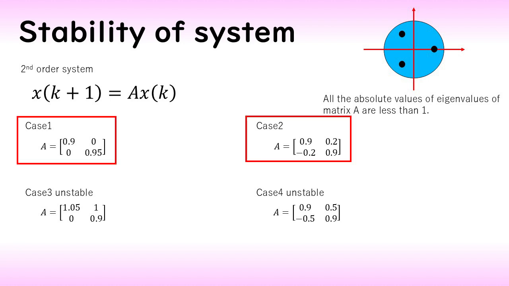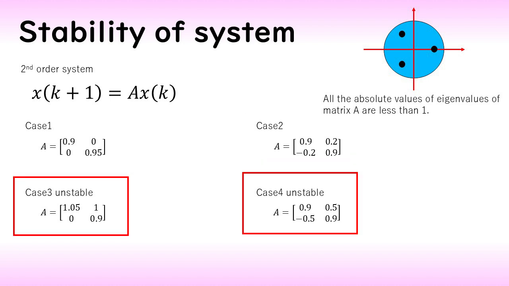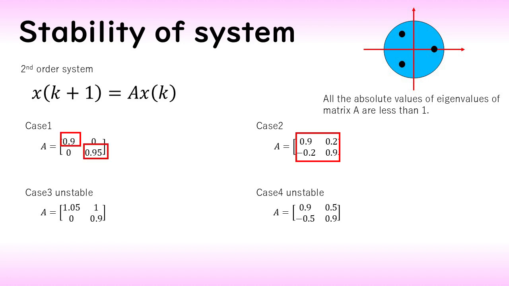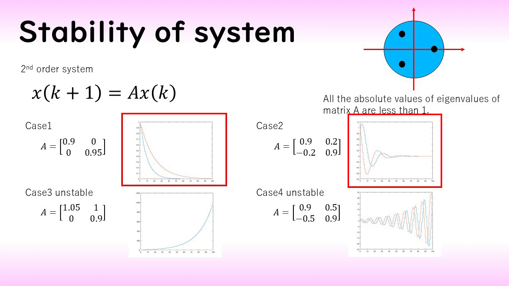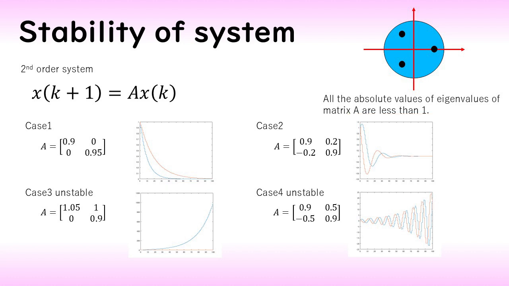Case 1 and case 2 are stable and case 3 and case 4 are unstable, because all eigenvalues are in the unit circle or not in the unit circle. For case 1 and case 2, each signal converges to 0, but in case 3 and case 4, the output diverges because the system is unstable.